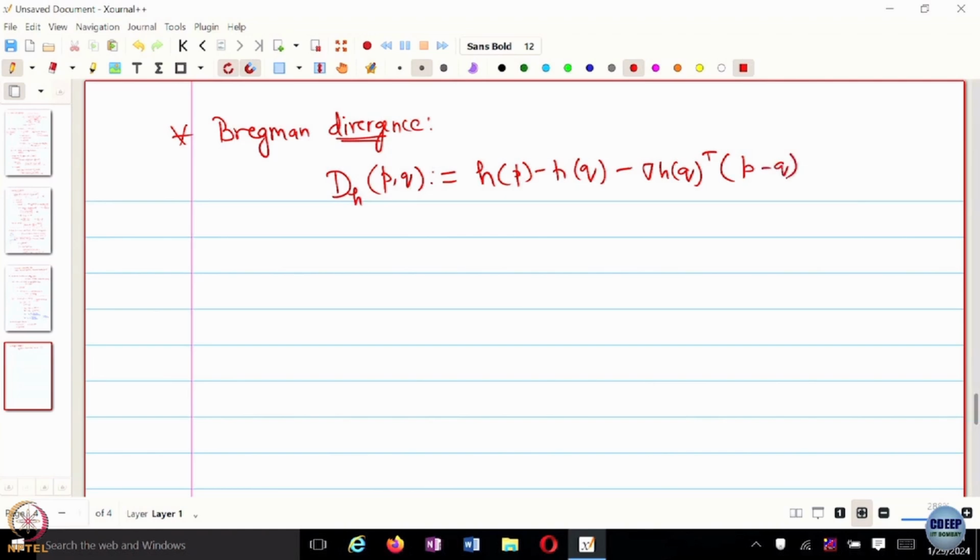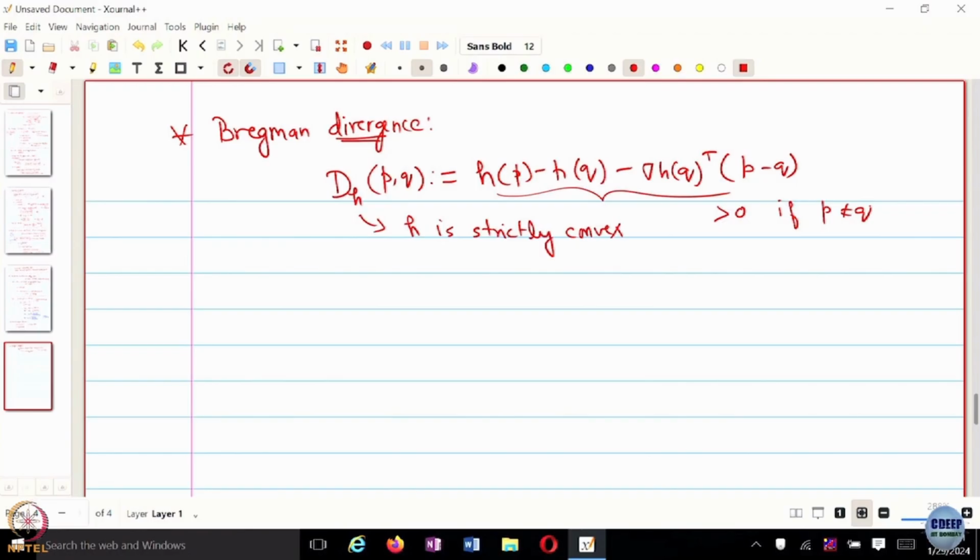It is defined for a function h which is strictly convex. So consider f to be, let's say, strongly convex or strictly convex. You can also define something called Bregman divergence, and what it's really saying is, if the function is strictly convex, this particular term is strictly greater than 0 if p not equal to q, and otherwise it's always greater than or equal to 0. If h is convex, this term is always greater than or equal to 0. If it's strictly convex, it's strictly greater than 0 if p is not equal to q.